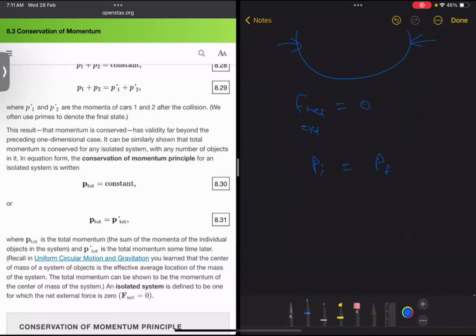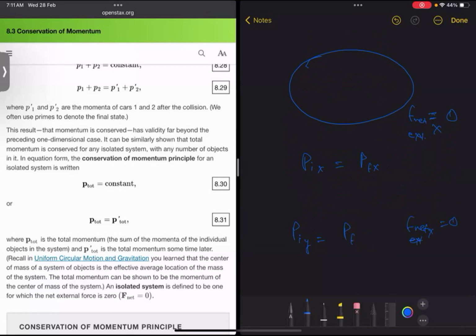But in some scenarios, the net external force along the x-axis only is zero. Then momentum along the x-axis will be conserved: initial momentum along x equals final momentum along x. And if the net external force along the y-axis is zero, then initial momentum along y equals final momentum along y.